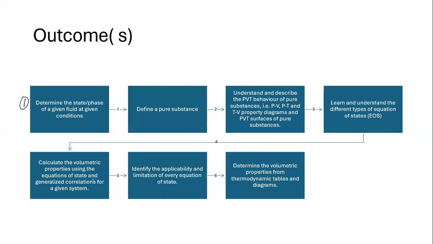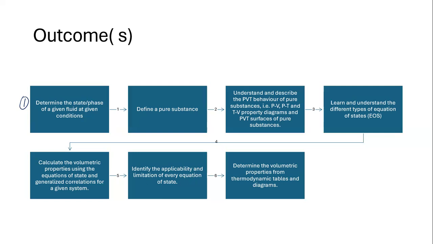When we talk about the correlation, we are talking about the relationships, right? Remember, we are talking about the properties. So there must be a generalized relationship for a given system. We have two systems, and then we're going to look at the relationship between those two systems using the calculated parameters from the equations of state.